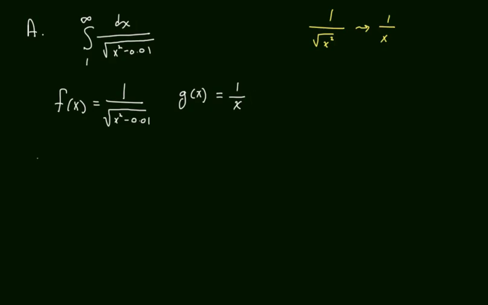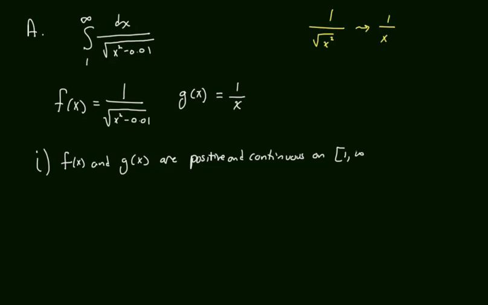So I'm asking you to be very formal in the proof. So step 1, we're going to say that f of x and g of x are positive and continuous on the interval in question here, which would be 1 to infinity.